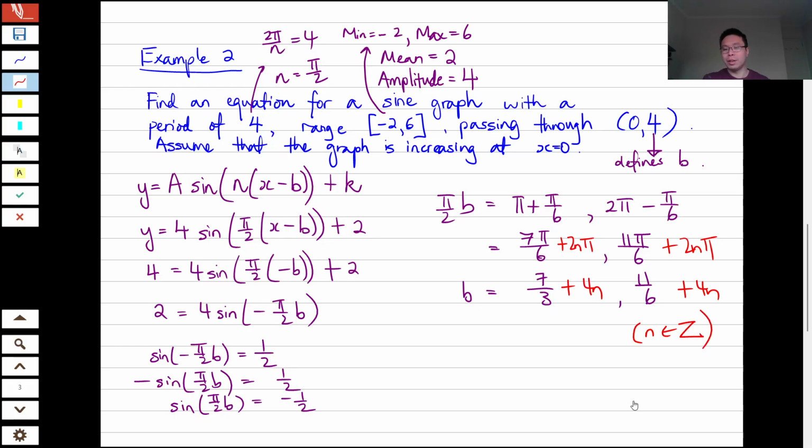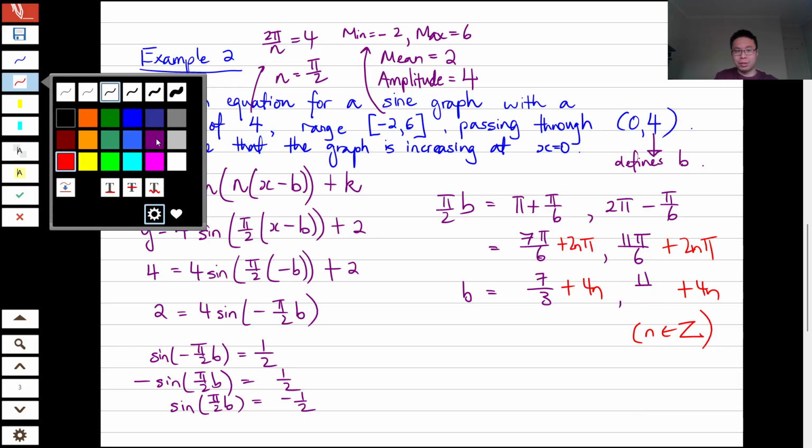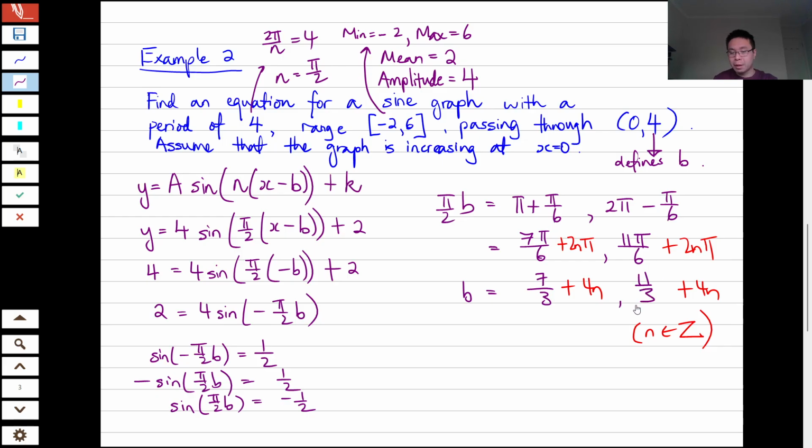Okay, so in the end we will choose either 7 on 3 or 11 on 3. Sorry, 11 on 3, because I've multiplied by 2 on pi. So we'll choose between 7 on 3 and 11 on 3.